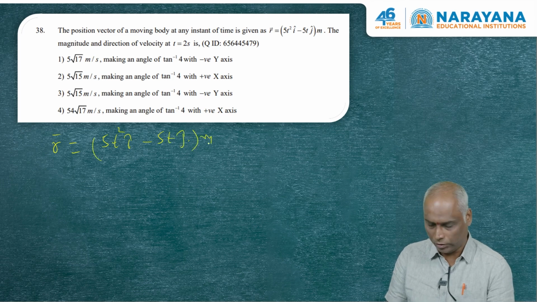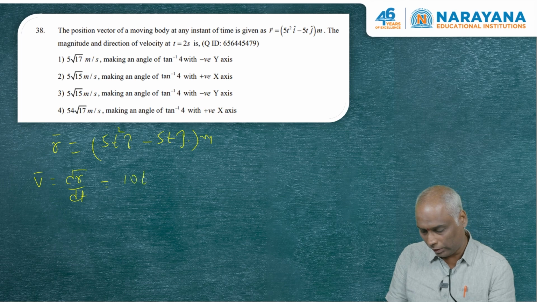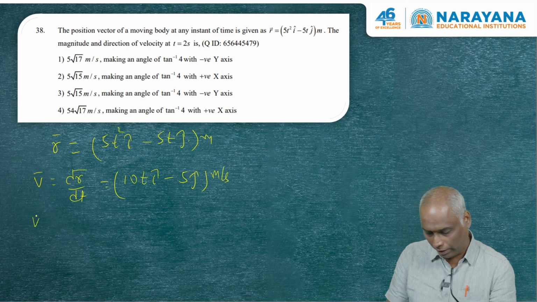So when you want to find velocity, instantaneous velocity is given by V bar equals dr bar by dt. That becomes 10t i cap minus 5 j cap meter per second. And you're asked to find instantaneous velocity at t equals 2 seconds.